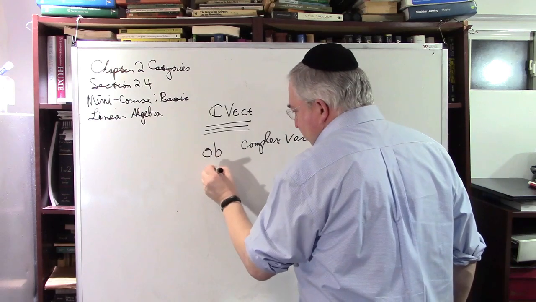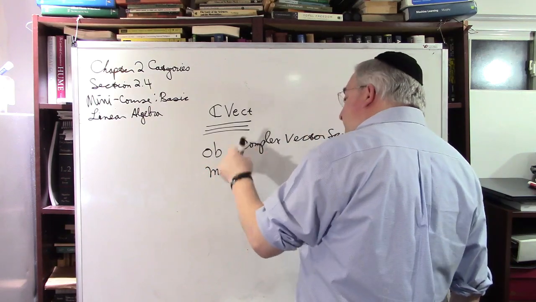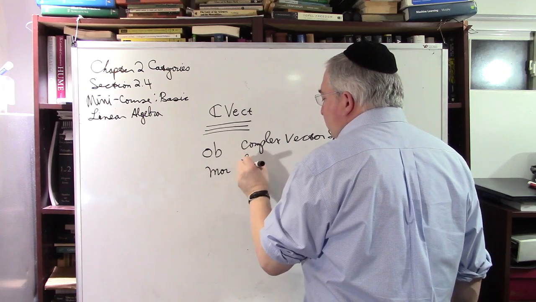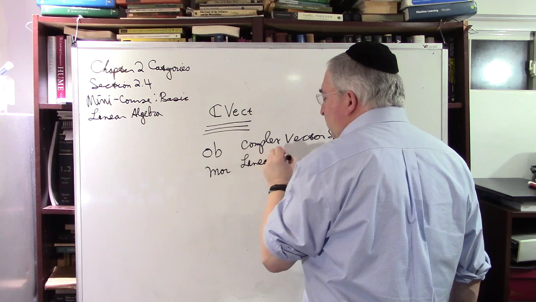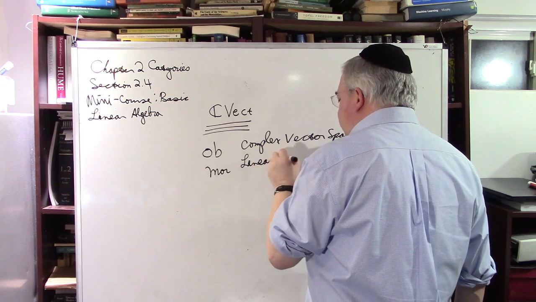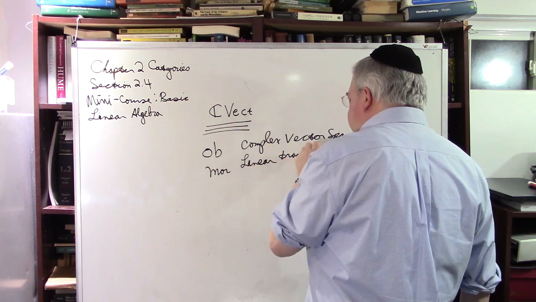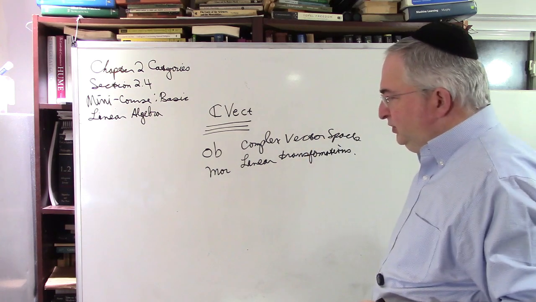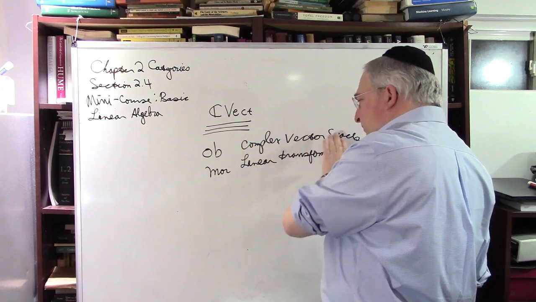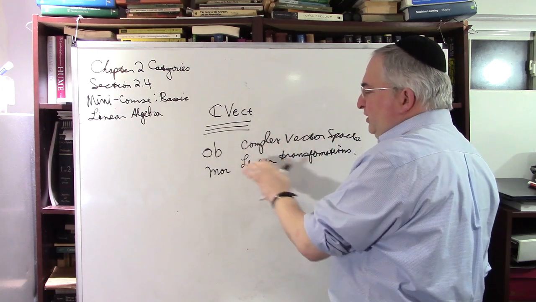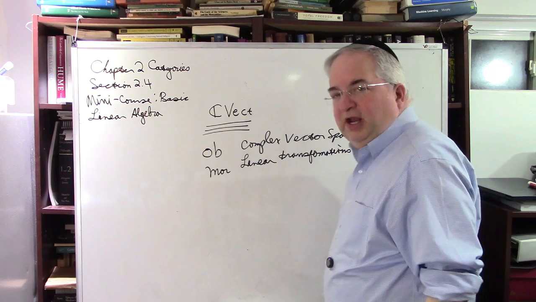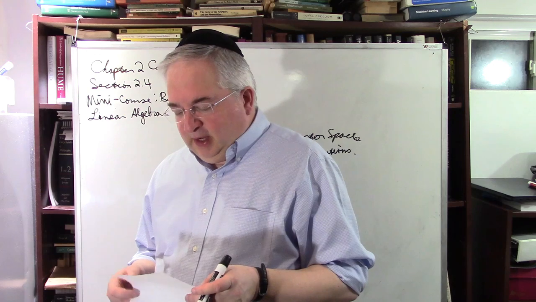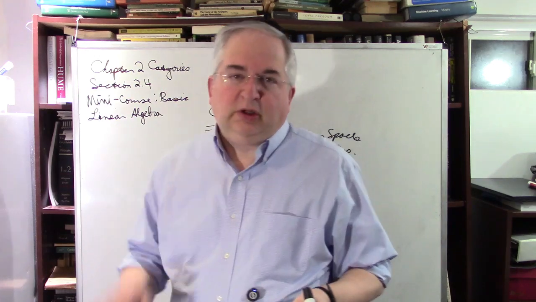The morphisms are maps between two complex vector spaces, and they're called linear, as in straight, transformations. Linear transformations. We're going to spend a third of the time going through this, and then the rest of the time talking about how they interact with each other and what that's all about.